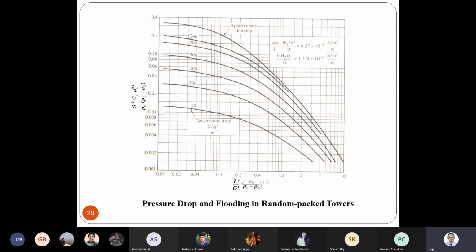So we cannot just draw those steps on this plot of operating and equilibrium curves, in the XY plot. So we cannot just determine the number of steps, which is equivalent to the number of ideal trays. But in this case, as the contact is continuous, generally a different concept is used, and that I will discuss in detail when I discuss the packed absorption towers.